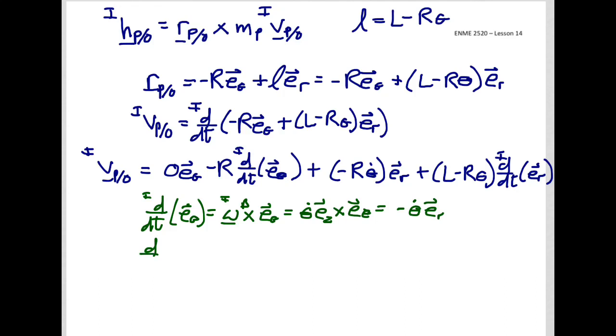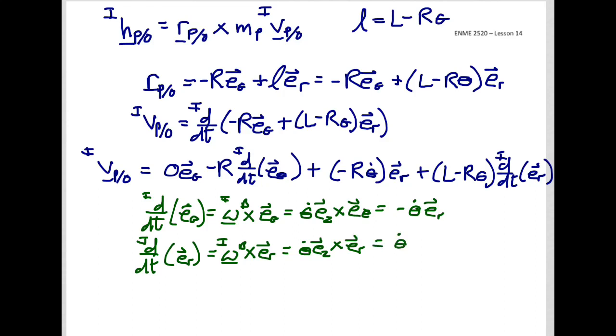And then our time differentiation of er is omega b as observed in I crossed with er, and so that's theta dot ez crossed with er. Z cross r gives us theta, so it's just theta dot in the e theta direction.